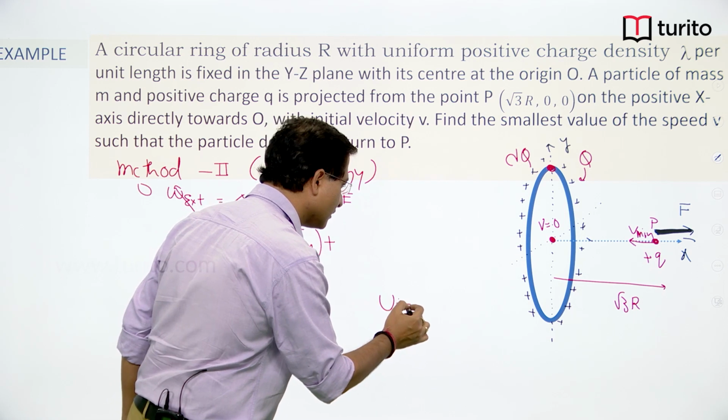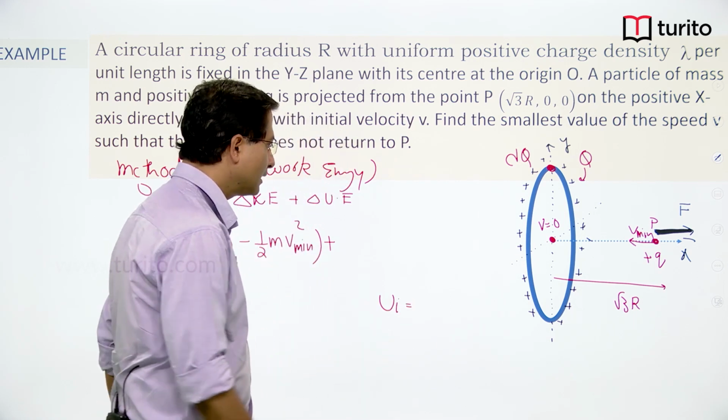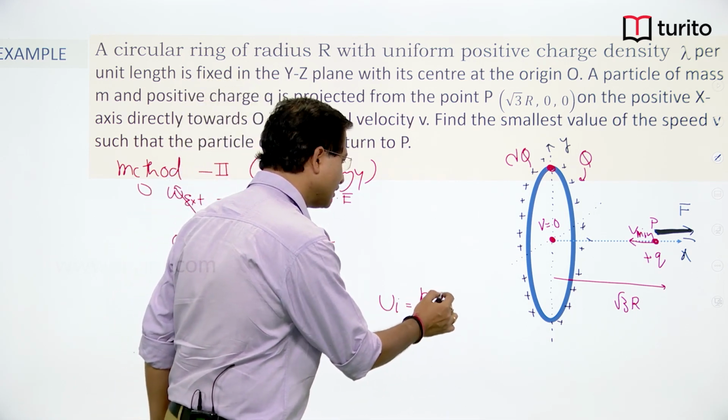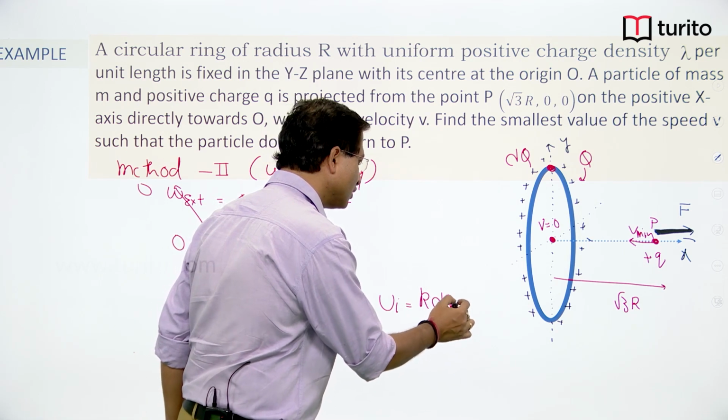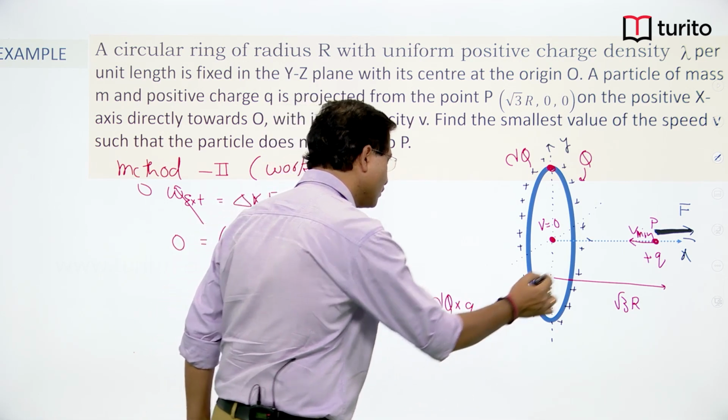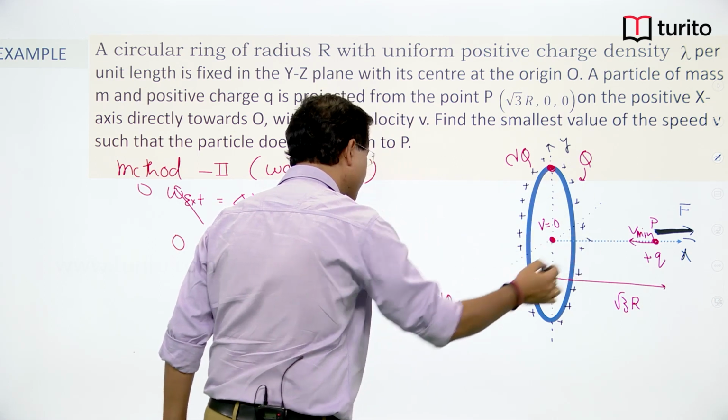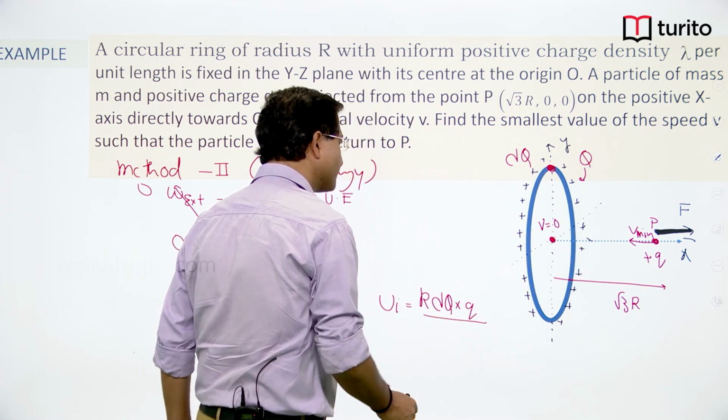Potential energy initial, that is K dq into this Q divided by separation.